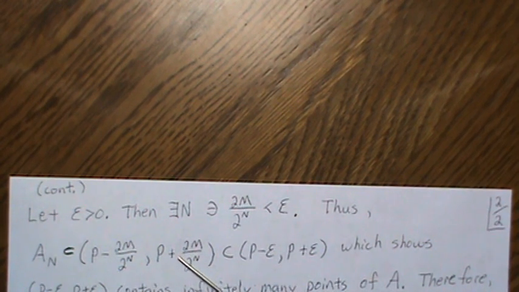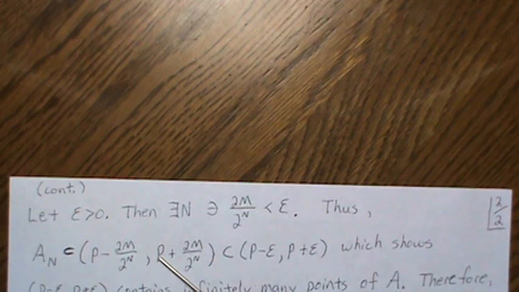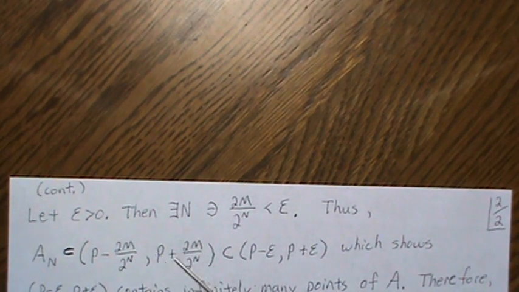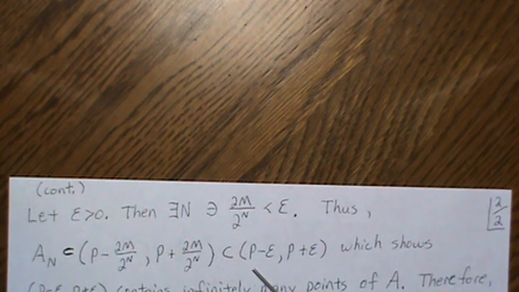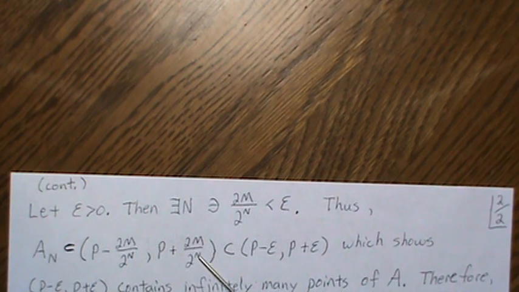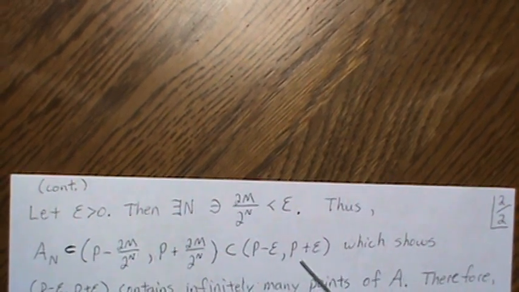Because the length of this is 2M over 2 to the n, and p is the only point in all the intersections. This interval is actually a subset of this interval, because we've chosen an n such that the length is smaller than epsilon, so it is contained in here.